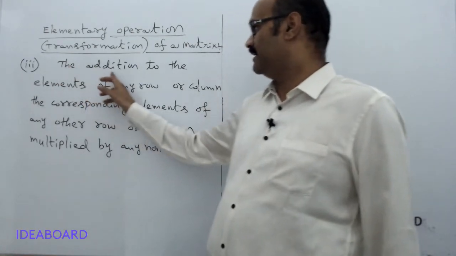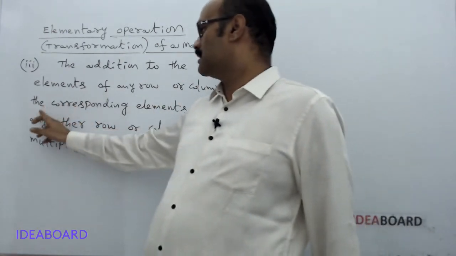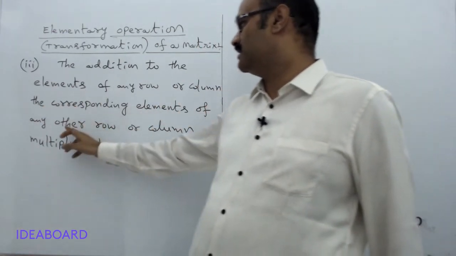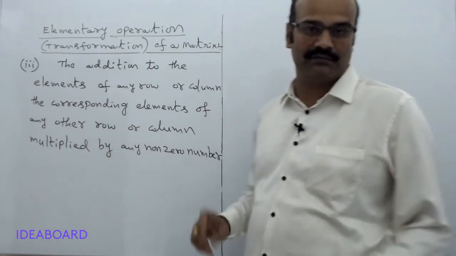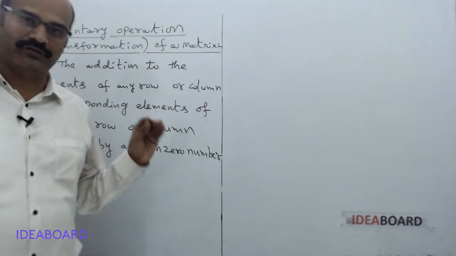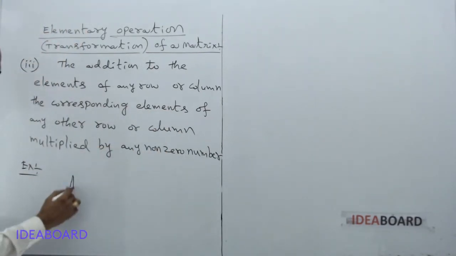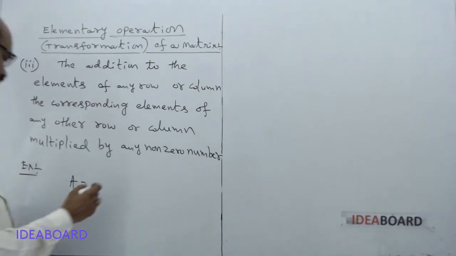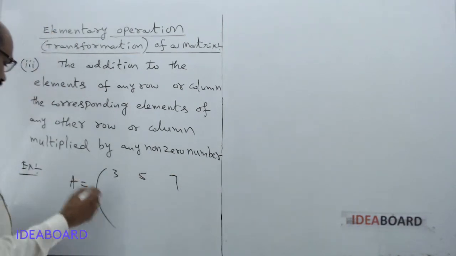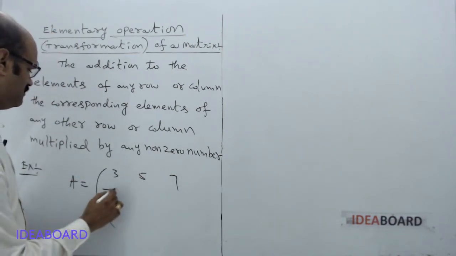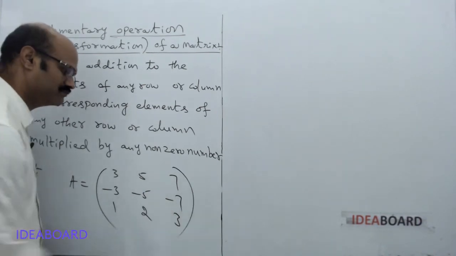The third operation is the addition to the elements of any row or any column, the corresponding elements of any other row or column multiplied by any non-zero number. Take one matrix A equal to 3, 5, 7, and -3, -5, -7, 1, 2, 3.